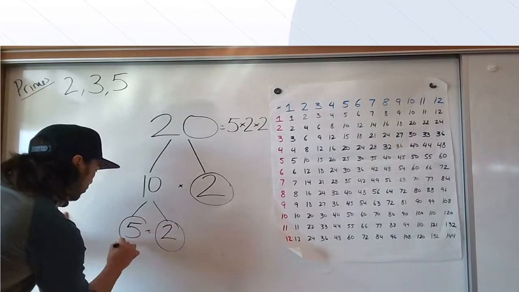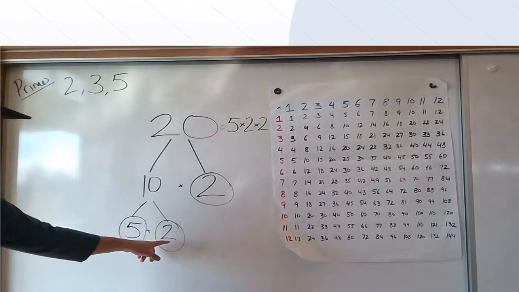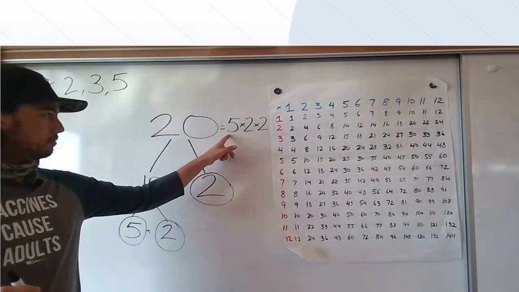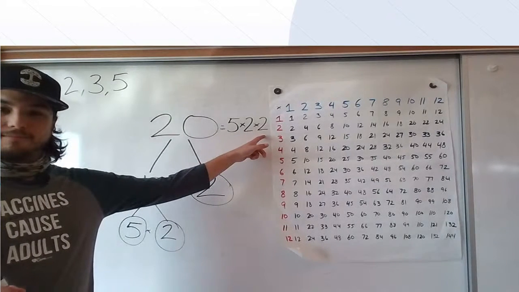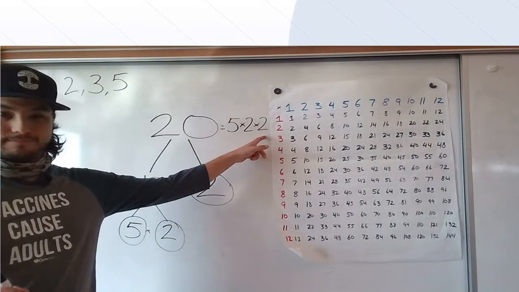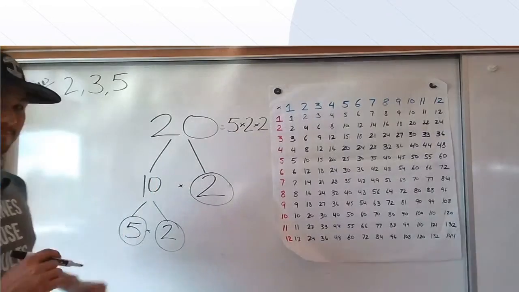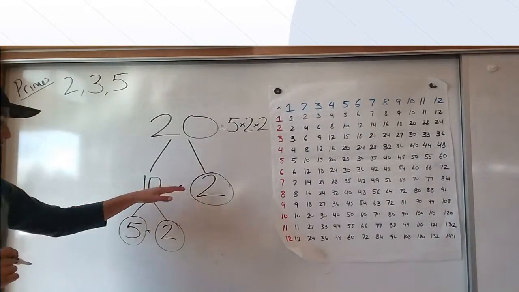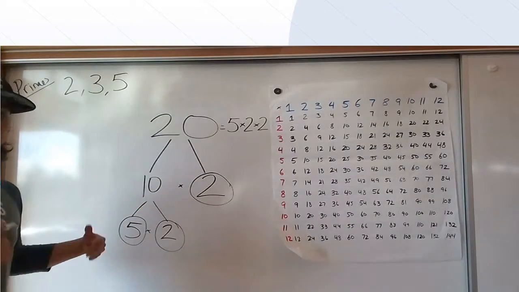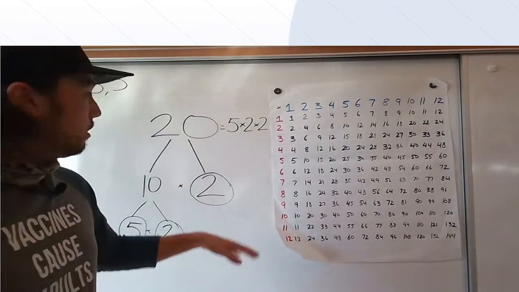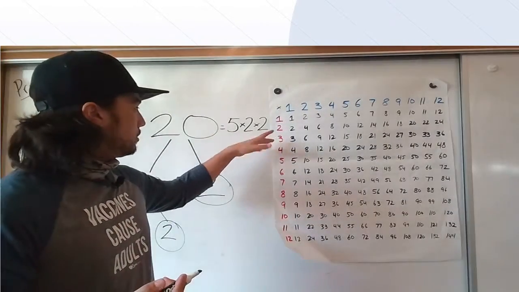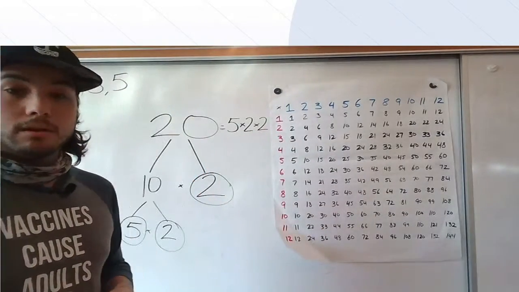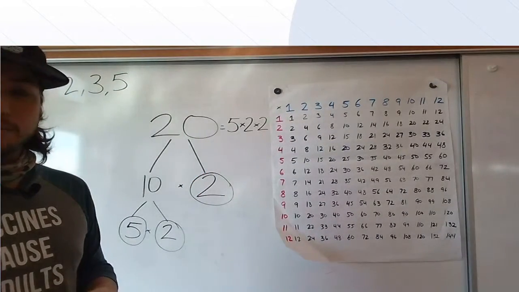And both of these are prime, so then we end up with 5 times 2 times 2. Whoa. Right? So no matter what, whether you put 5 times 4 here or 10 times 2 here, you're going to come up with 5 times 2 times 2 as your ultimate, final expression.